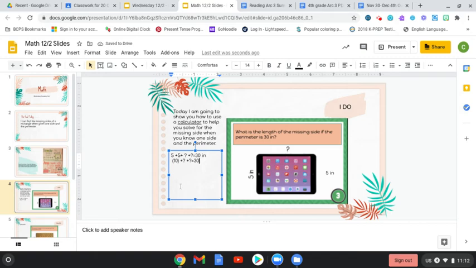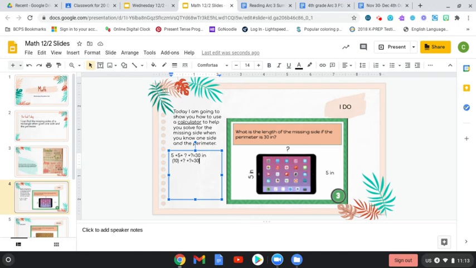So I'm asking myself, 10 plus what gives me 30? Well, I know that 10 plus 20 gives me 30. So I know that these two question marks together have to equal 20, right?